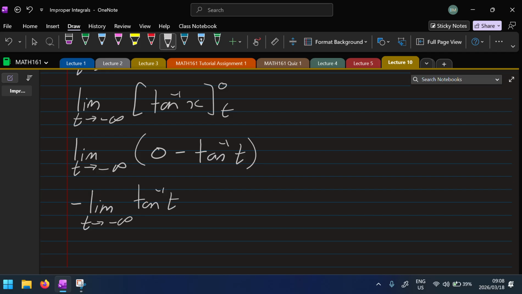So t goes to minus infinity. Arctan will then go to? Where will it go to? No? Think about the picture. Remember we drew those pictures last year with these inverse functions? So how does tan look like? And then you flip it over.